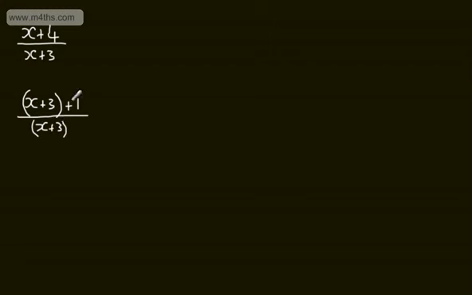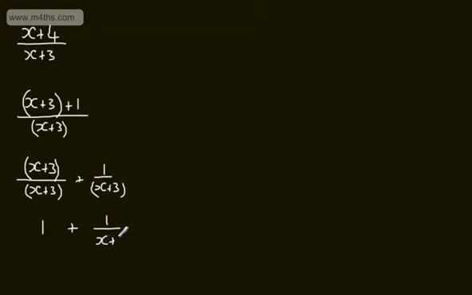We can see this as a sum of single fractions: x plus 3 over x plus 3, and then plus 1 over x plus 3. Clearly, x plus 3 over x plus 3 is going to give us 1, and then we're going to have 1 over x plus 3. We call this the quotient, and this the remainder. Later on, we will define those terms.